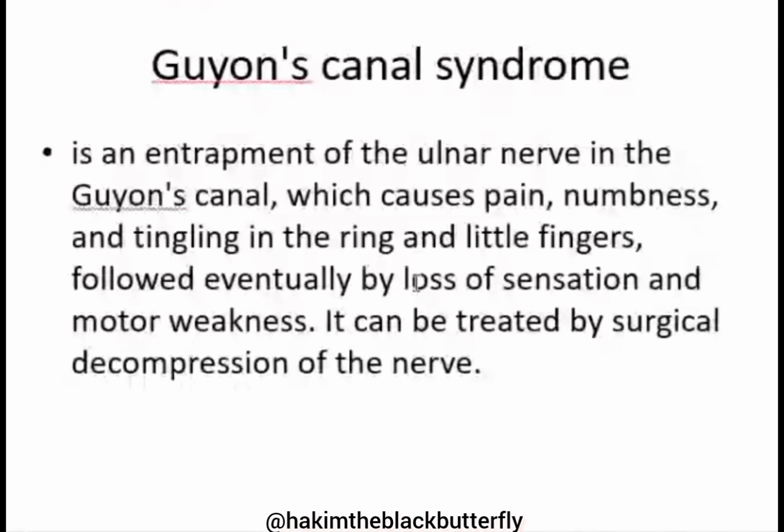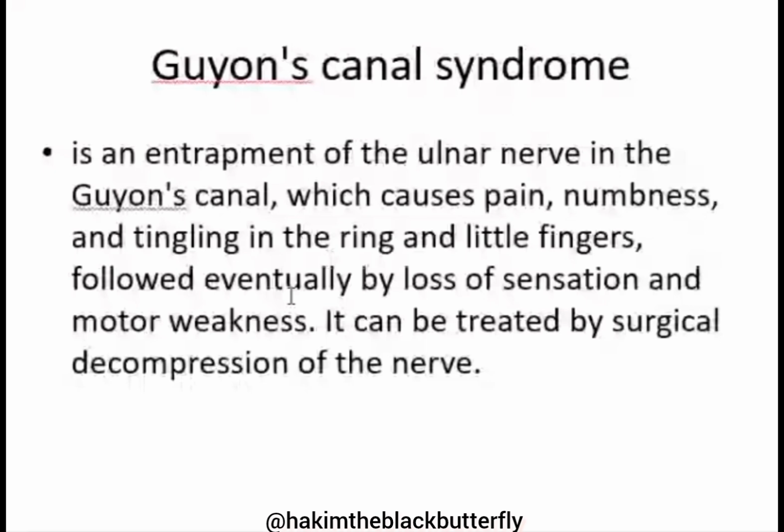That is what we call Guyon's canal syndrome, whereby a fracture of the hamate leads to compression of the ulnar nerve as it passes through the Guyon's canal below the piso-hamate ligament. You get pain on the medial aspect of the wrist, numbness, loss of sensations, pin pricks, tingling of the ring and little fingers, and weakness.